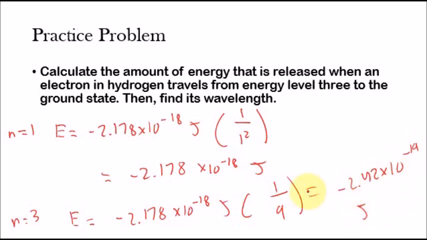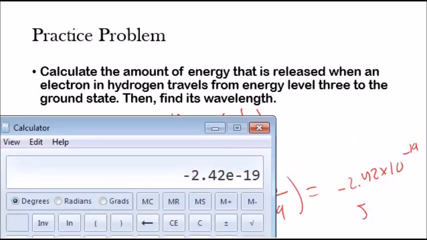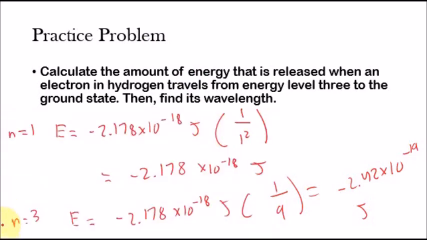Okay, so from here we're going to have to take these numbers and subtract them in order to calculate the energy difference. Because we're seeing the energy level drop from energy level 3 to energy level 1, we take this number, negative 2.42 times 10 to the minus 19, and subtract from it negative 2.178 times 10 to the minus 18.